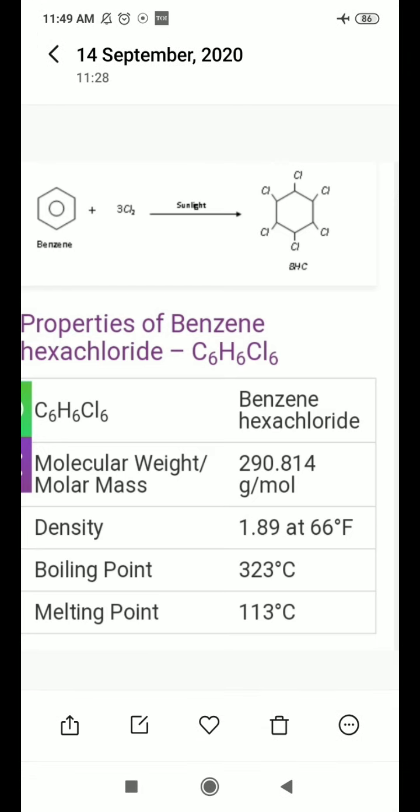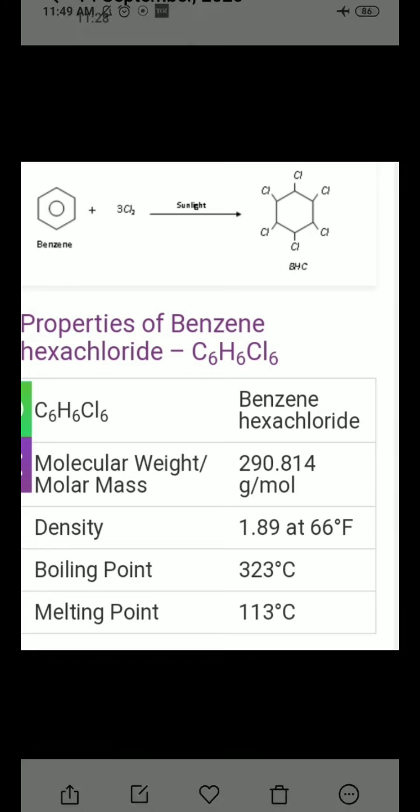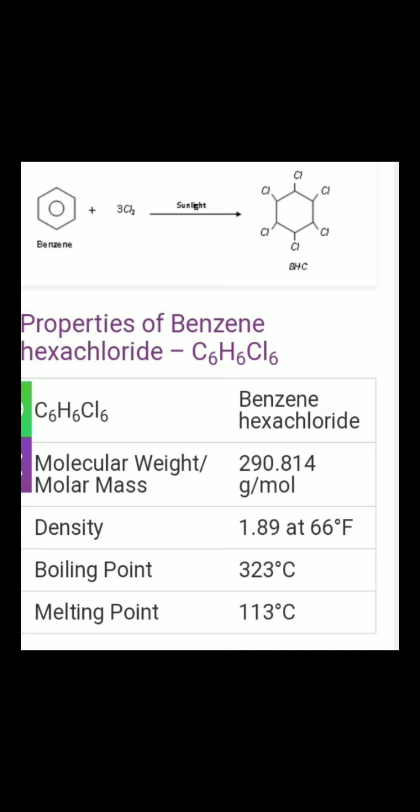BHC means benzene hexachloride. Benzene, the structure of benzene, and hexachloride means the 6 hydrogens of the benzene ring are all replaced with chlorine atoms, and it gives the cyclohexane, one, two, three, four, five, 6, hexachlorocyclohexane.